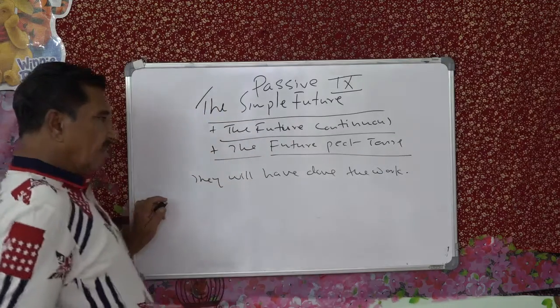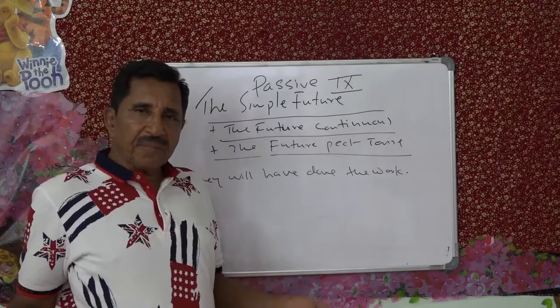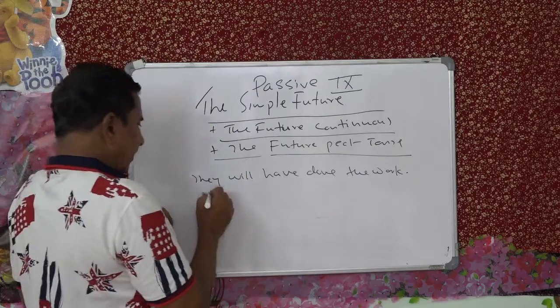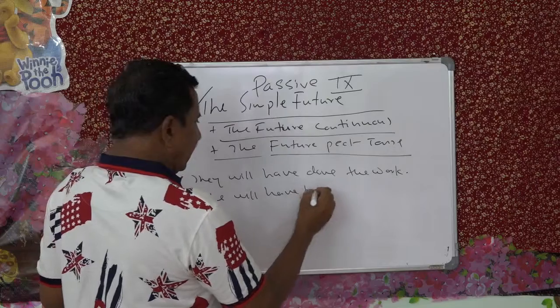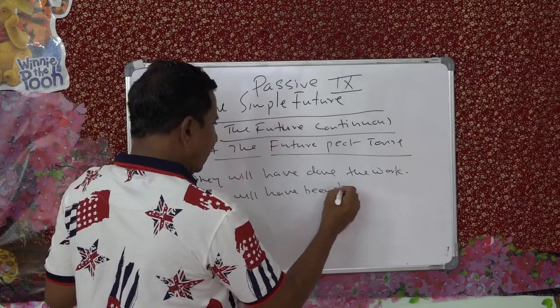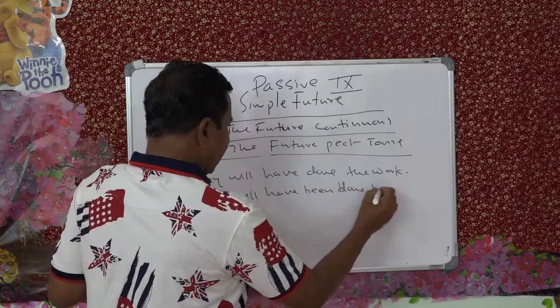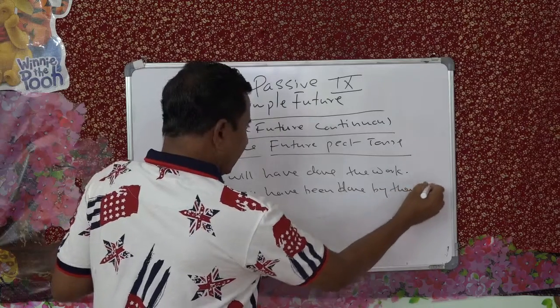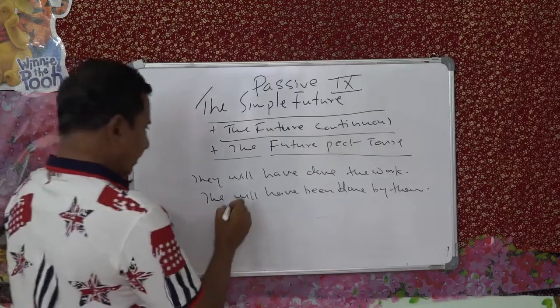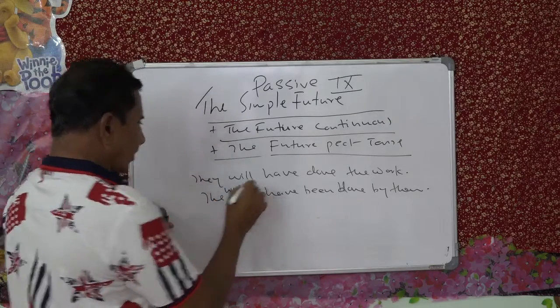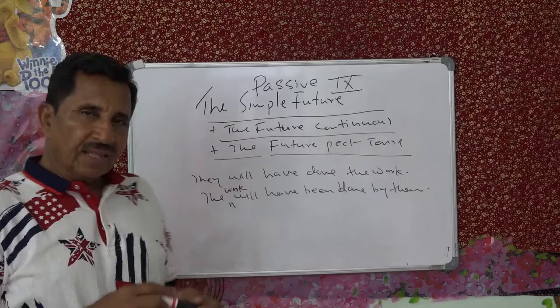Passive will be, what you have to do is you have to add been: the work will have been done by them. The work will have been done by them.